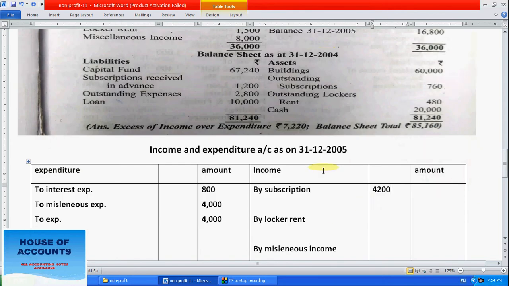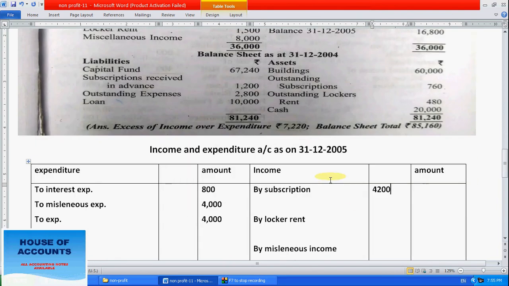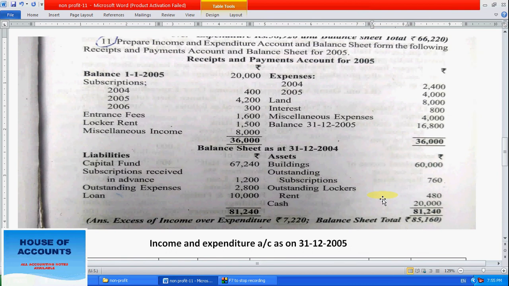Next, entrance fees is not mentioned here as anything else. Locker rent, how much? There is no life membership fee, there is only entrance fees, so take entrance fees here. Is there any lecture fees?